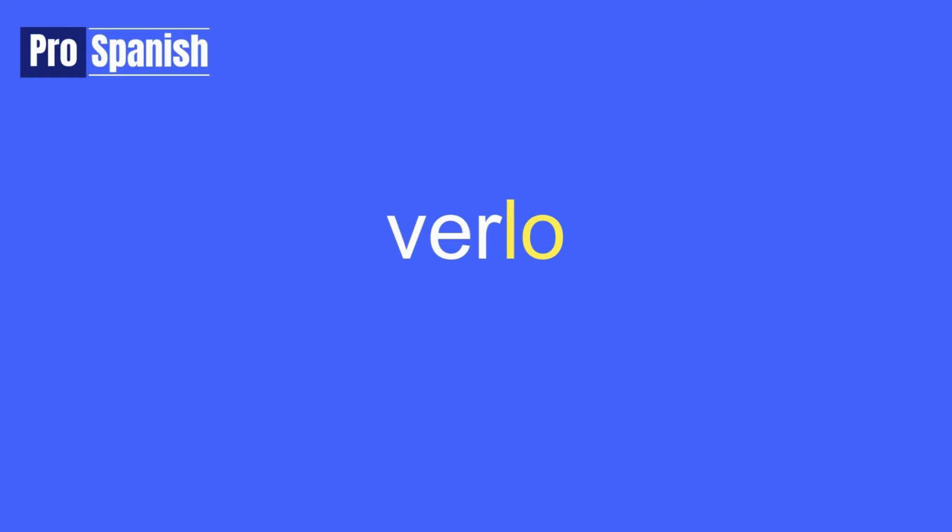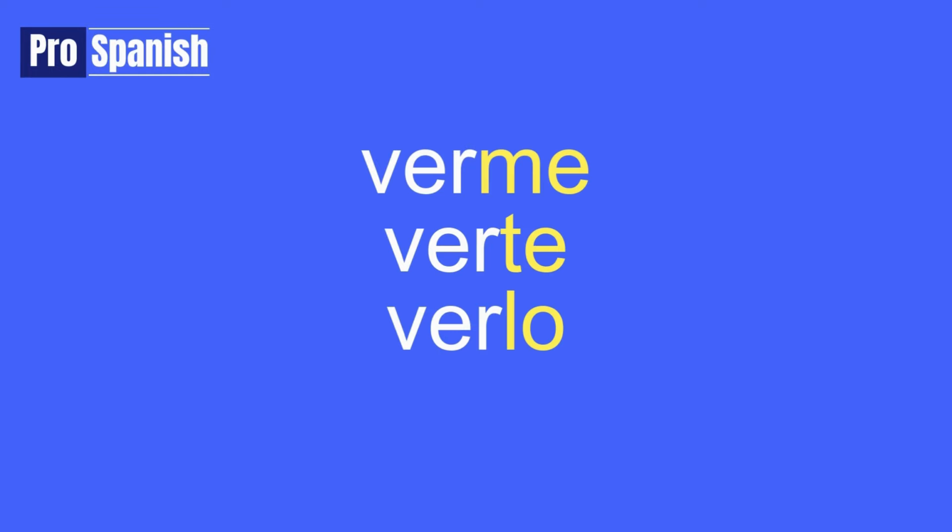We just stick the lo, the it, on the end of the word. Verlo, to see it. So we have verme, to see me, verte, to see you, and verlo, to see it. Very simple, and you'll see in a minute how useful this is going to be.